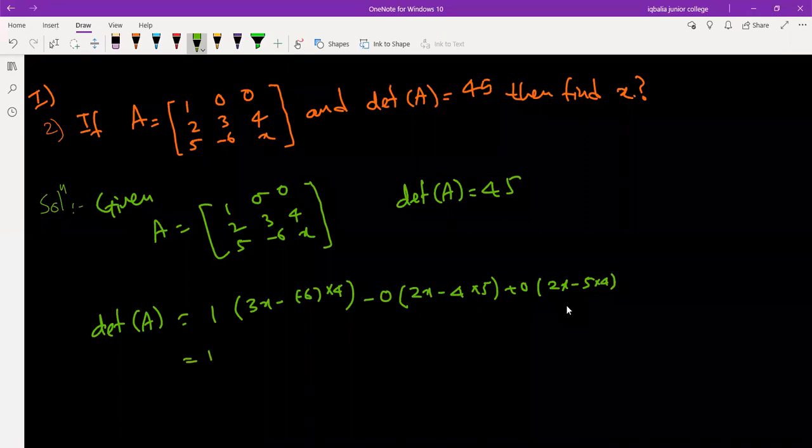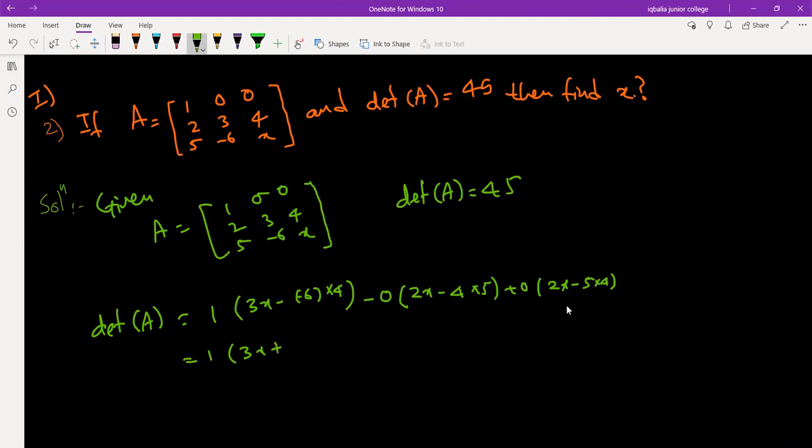Okay, so here 1 times 3x, minus minus will be positive, and 6 fours are 24, and 0 multiplied with any number, we will get 0. So here 0 plus 0.